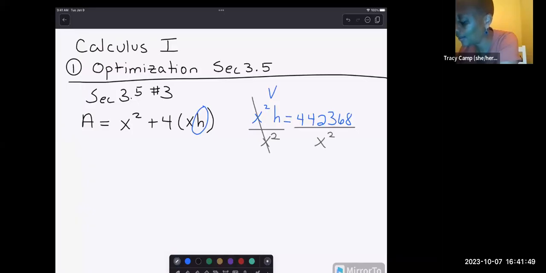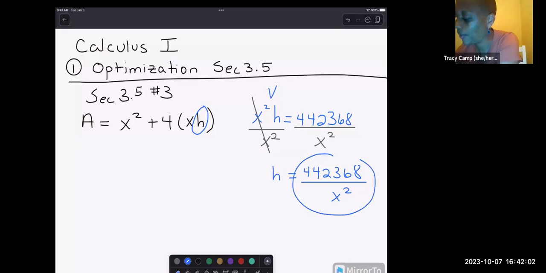These cancel, and I get H equals 442,368 over X squared. And I'm going to plug this in here.